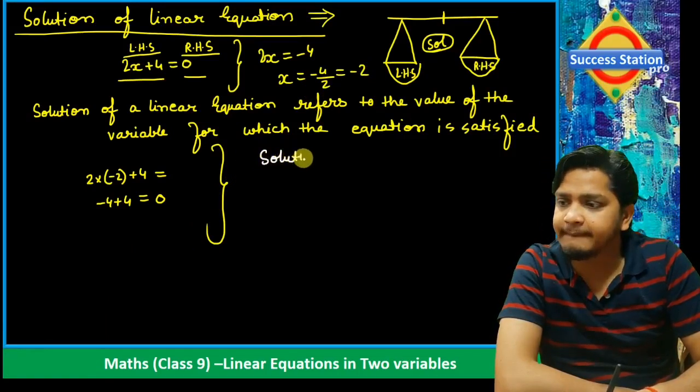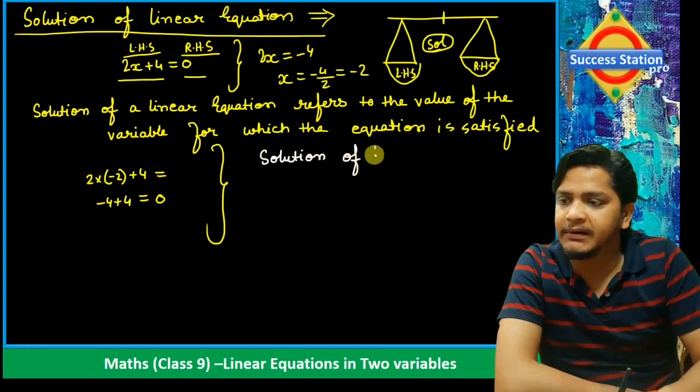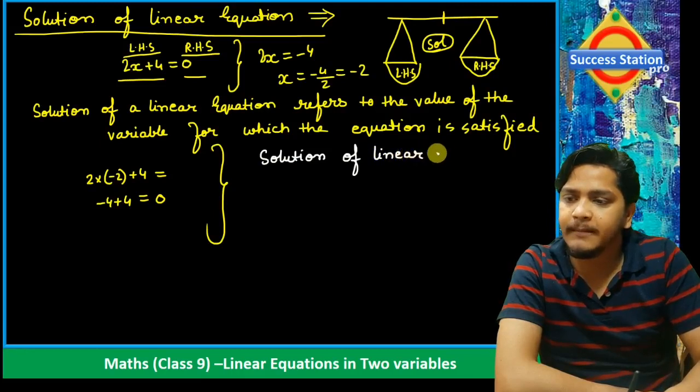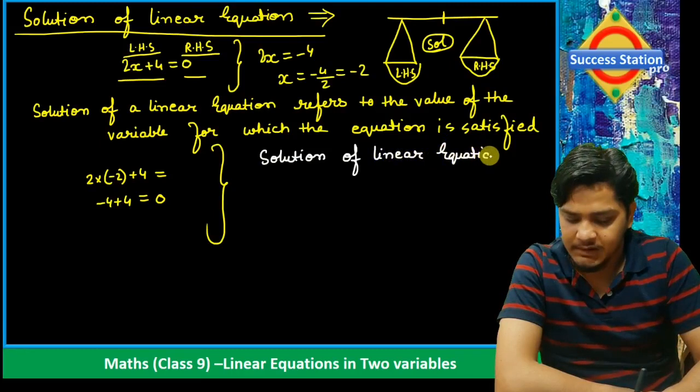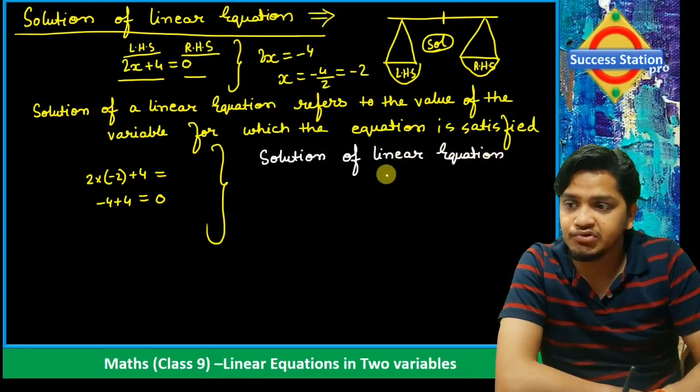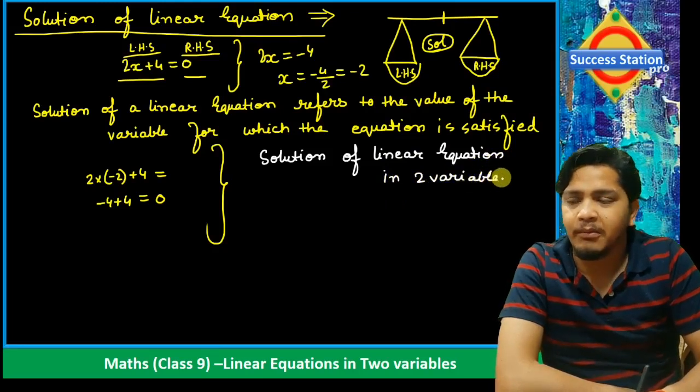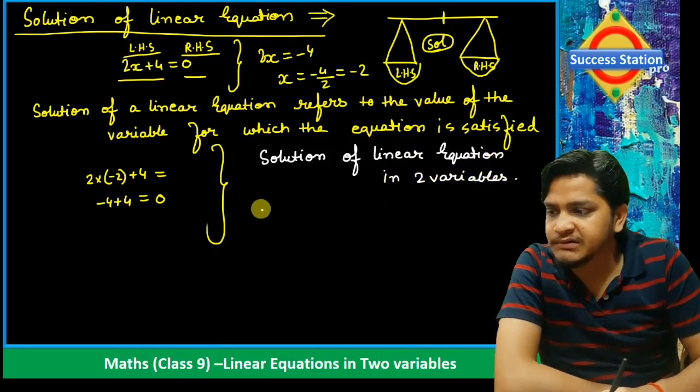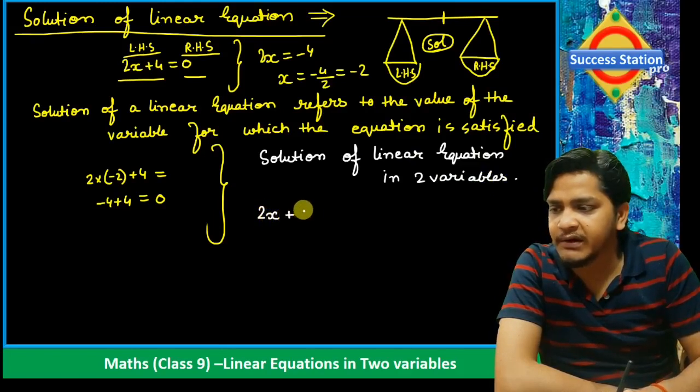Now this was the case for one variable, but what about the solution of a linear equation in two variables? There is a bit of a problem there, because here we have, let's say, 2x plus 4y equal to 8.